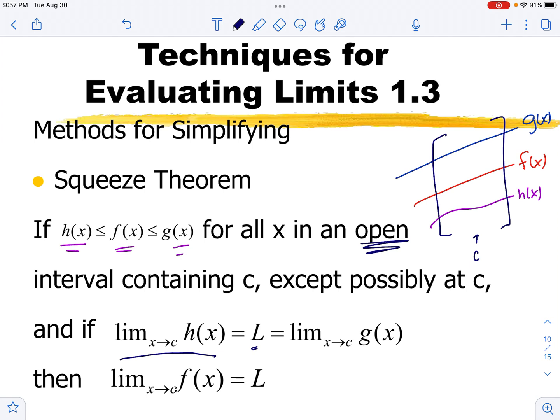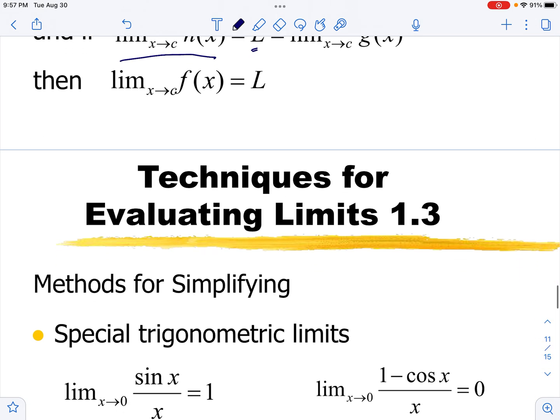So that's where our squeeze theorem, squeezing it together. Think of these purple and blue lines kind of squeezing on top of that red line. And so that's what our squeeze theorem is saying.